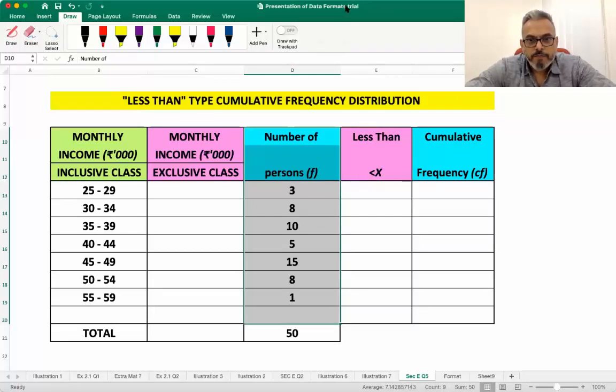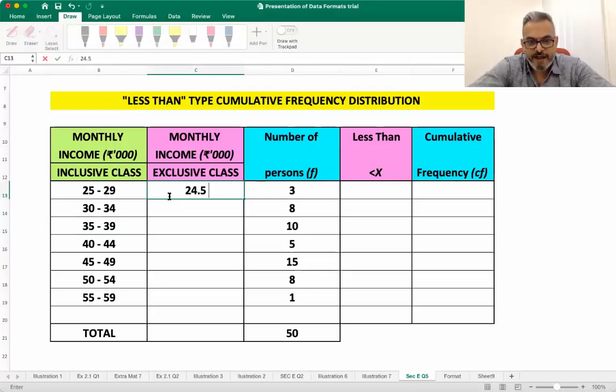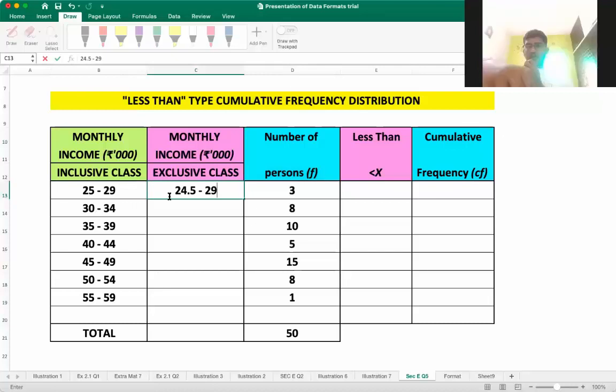Over here, 25 to 29 is inclusive. Then you have 30 to 34, 35. So the difference is again 30 minus 29 is 1. So 0.5 we deduct from 25. So we get 24.5 to 29.5.